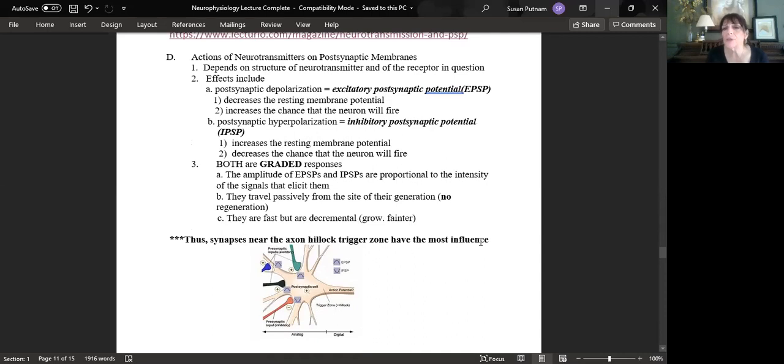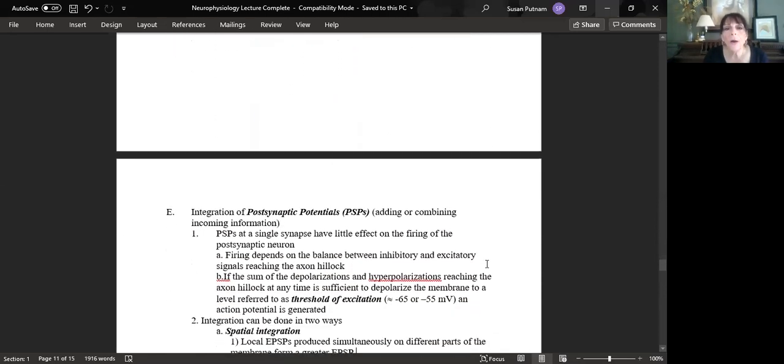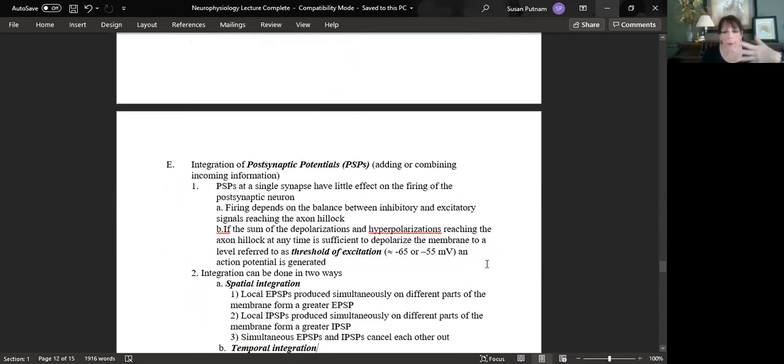And these are fast, but they're decremental. These postsynaptic potentials are fast, but they weaken over time, which is not like the action potential, which does not weaken. So, all right, let's say we have a lot of different synapses on this particular cell body of the postsynaptic neuron.